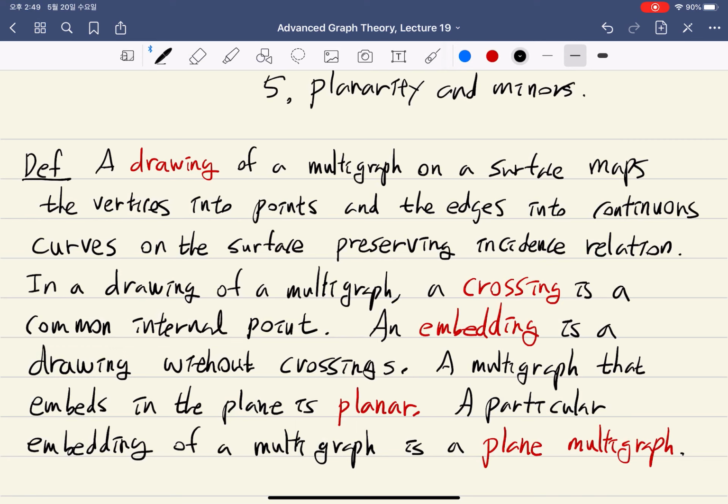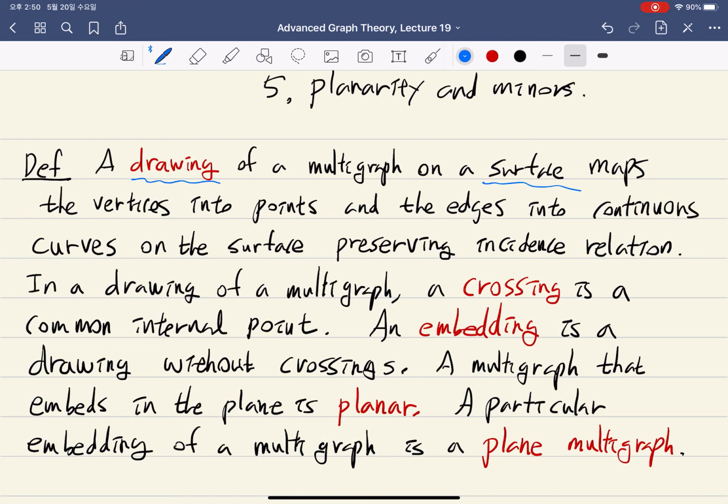But you might want to take a look at chapter 0 of the lecture note and quickly go through the notions or concepts defined there. So we define the drawing as a map which maps the graph onto some surface.